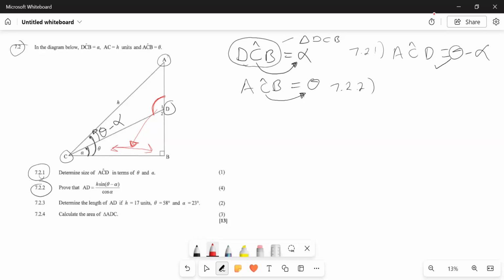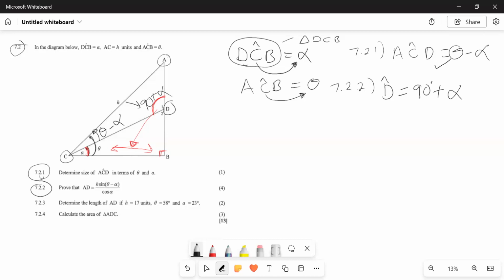So those interior opposite angles, we have a 90-degree angle there, and we have alpha as well, right? So meaning D1 is equal to 90 degrees plus alpha. Then from there, now we can proceed with our question.